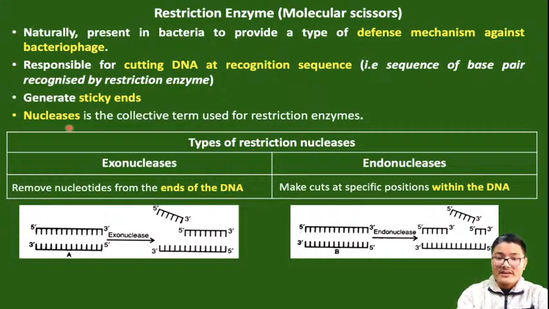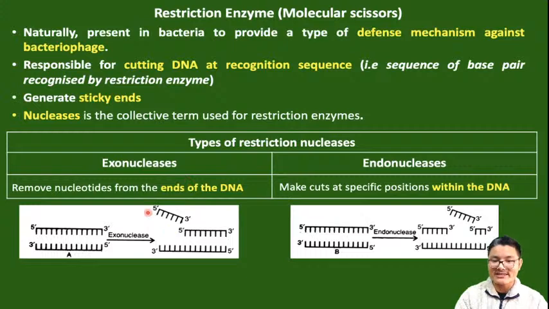The collective or common term used for all the restriction enzymes is nucleases. We have looked at two types of nucleases: exonucleases, which cut the DNA at the ends or terminals.